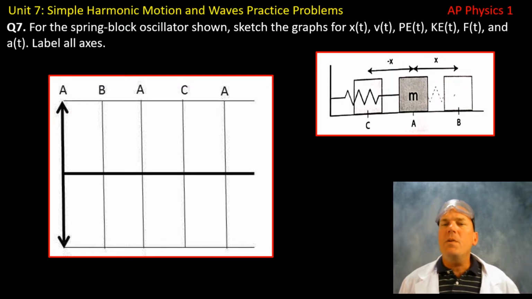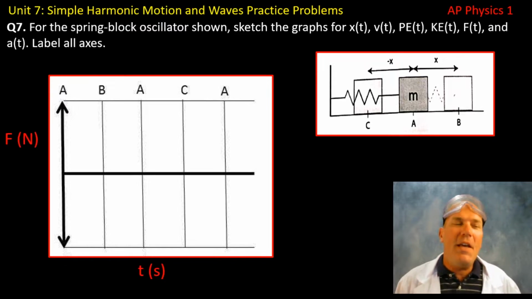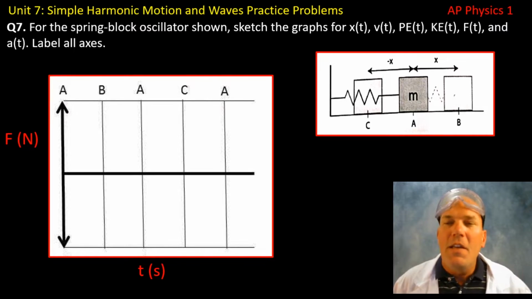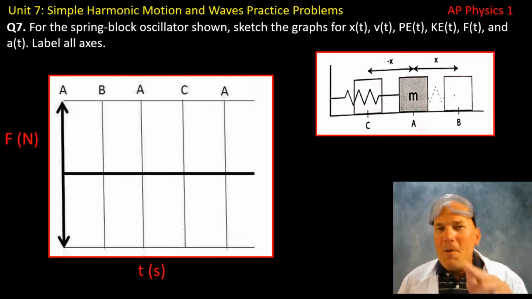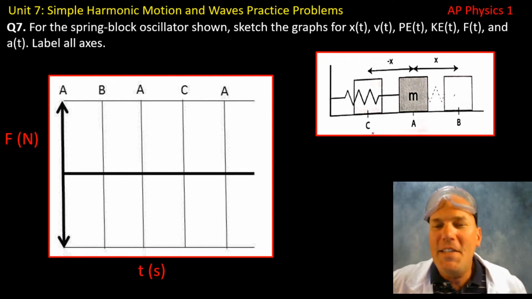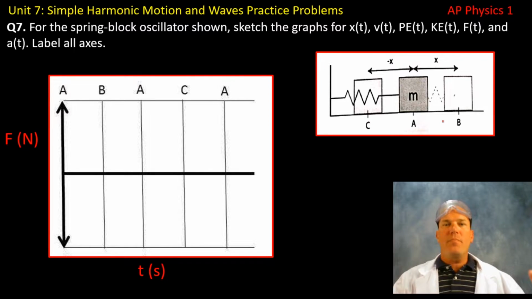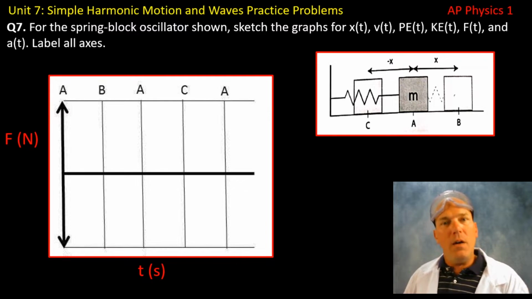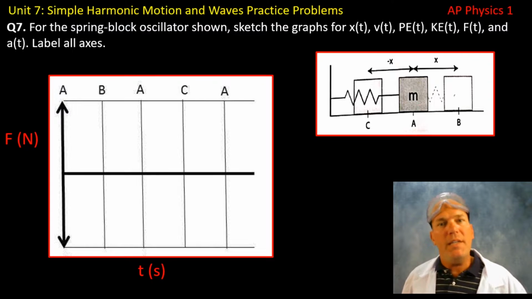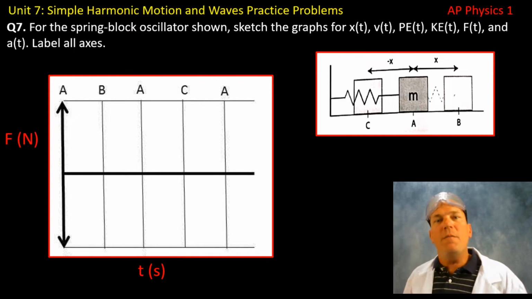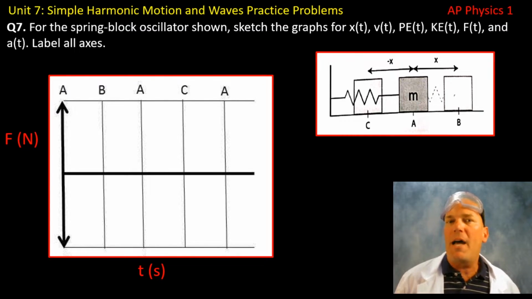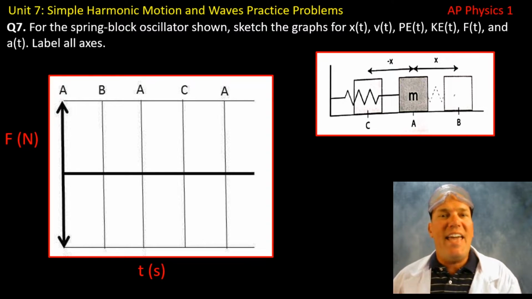All right, force as a function of time, in newtons over seconds. What is occurring here? Remember, guys, at C and B, we have our maximum force, that maximum force from the spring. Remember Hooke's law: the force of a spring is equal to the spring force constant k multiplied by the position x.